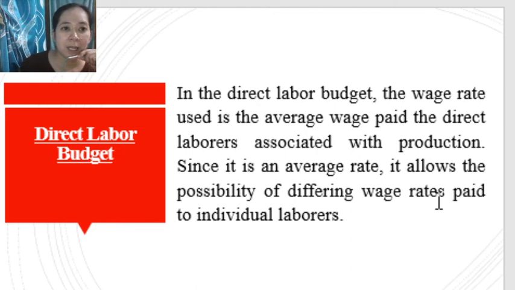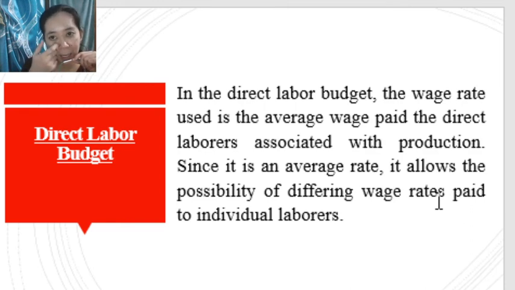However, in our illustration, for simple illustration purposes for understanding the concept of direct labor budget preparation, we only have one labor rate, but you have to remember that in the actual field, we have different rates and wages per hour for the different employees.